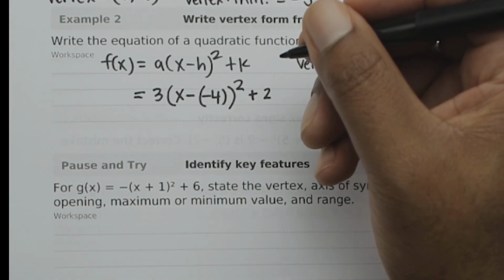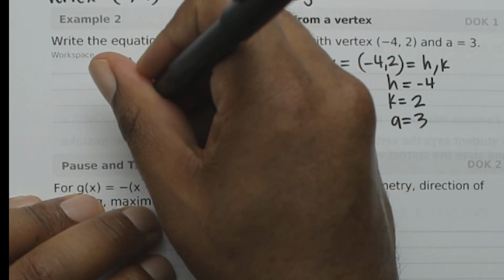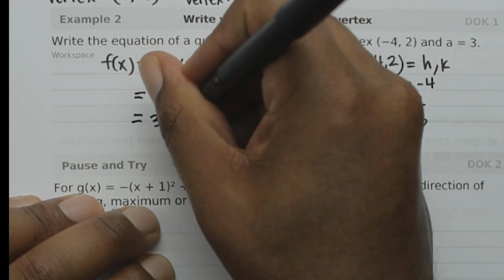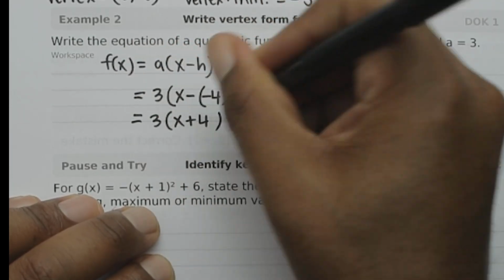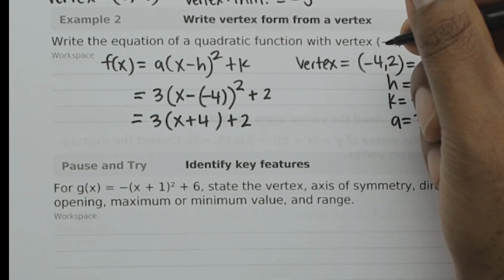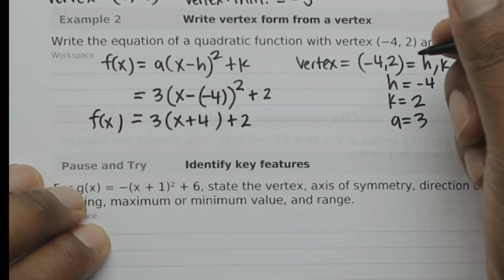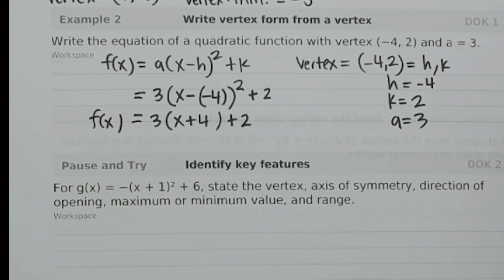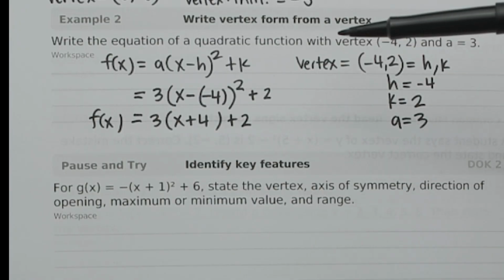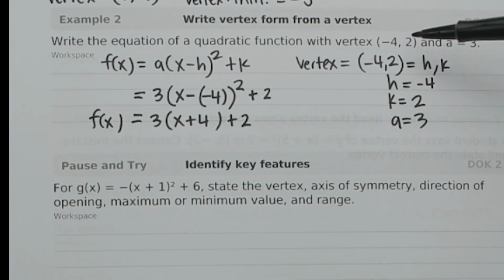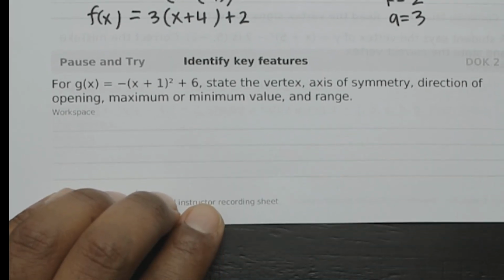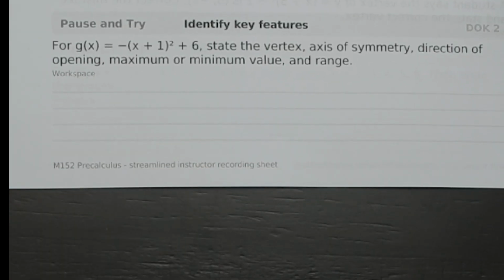Now, simplifying the double negative, we have 3 parentheses x plus 4 squared plus 2. Okay, so the final result would be this equation. The plus 4 inside means the vertex moves to the left, and so that matches the negative 4 shift there. Okay, pause the video and try the following problem.